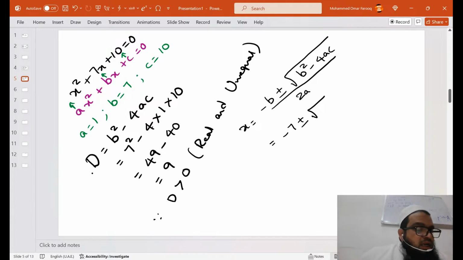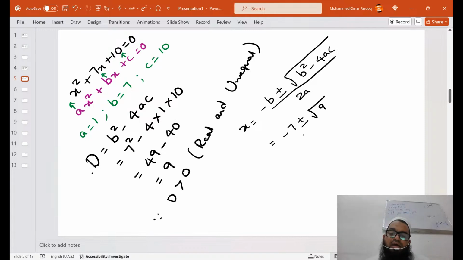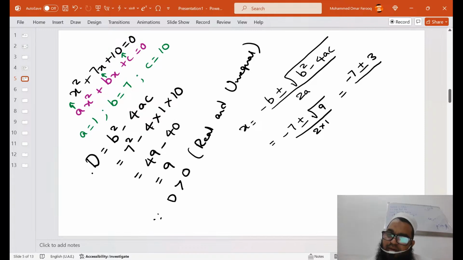So b square minus 4ac is 9 divided by 2 multiplied by a, which is 1. Minus 7 plus or minus square root of 9. Square root of 9 is 3. Is it right? So divided by 2.